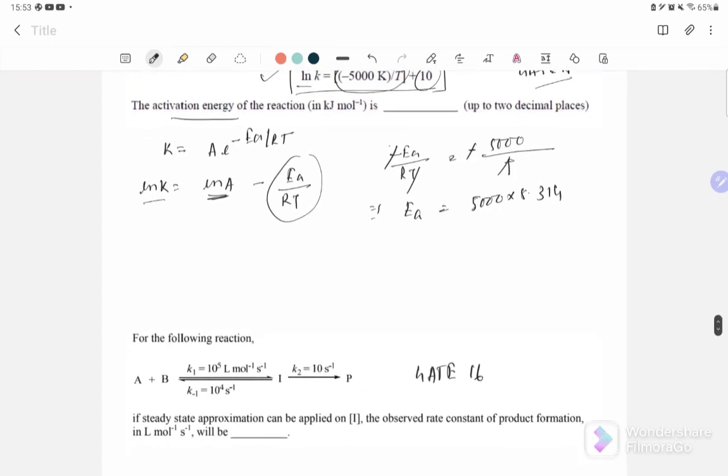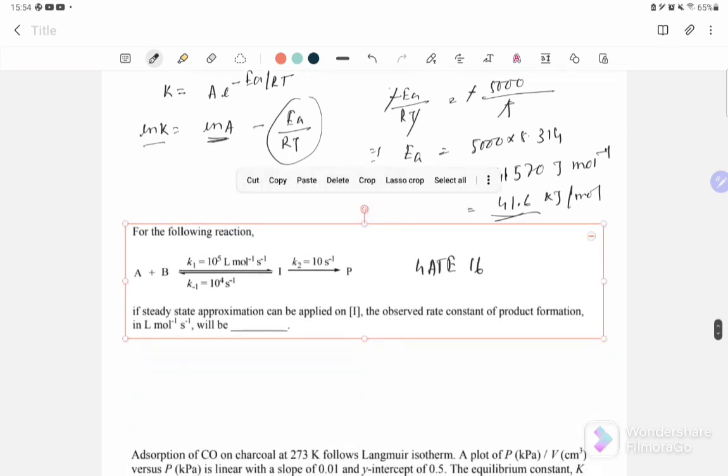That will be 41.507 joule per mole, that is 41.6 kilojoule per mole. This will be our answer, easy.